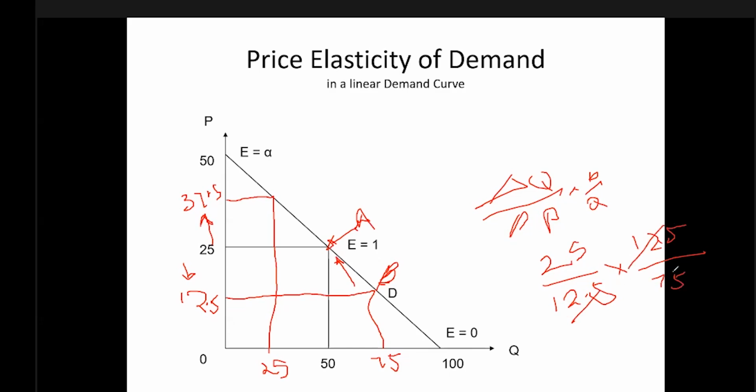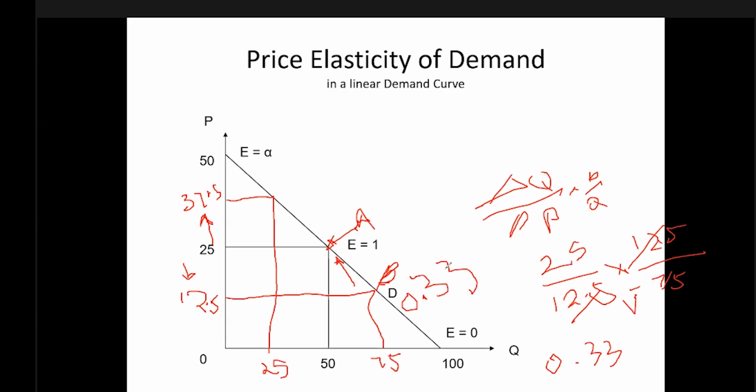Right, these two, and this is 3 by 1, it is 0.33. If you put that into the point elasticity equation, this will be 0.33 at point B. Now you see the difference. Here it was 1. Now here it is 0.33.